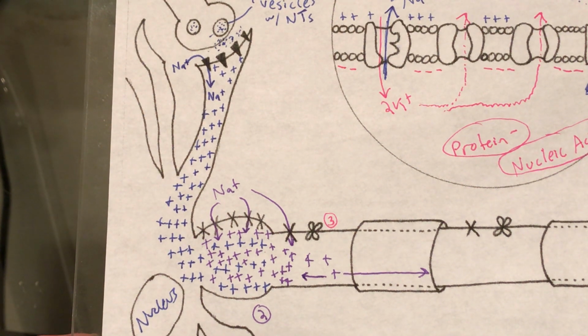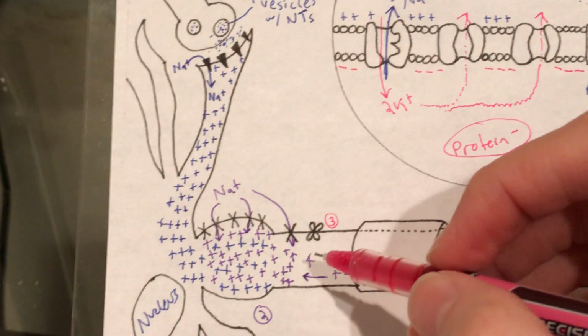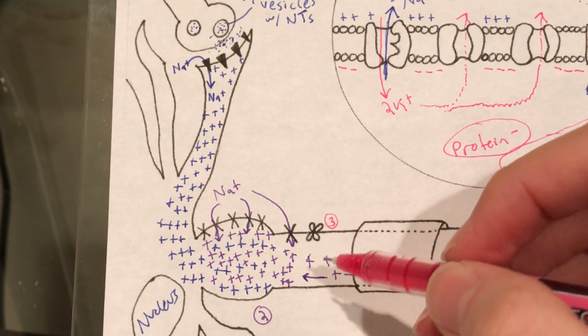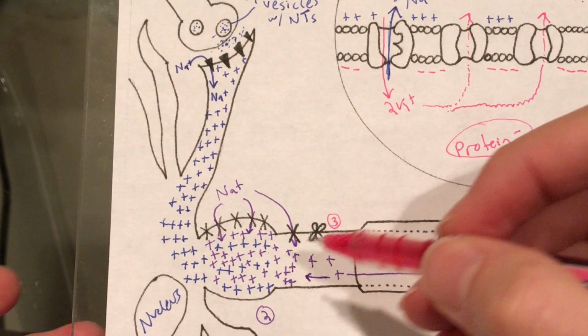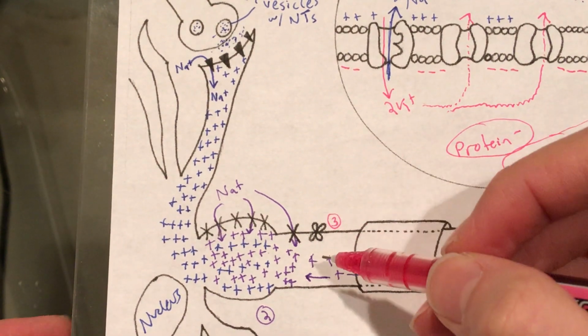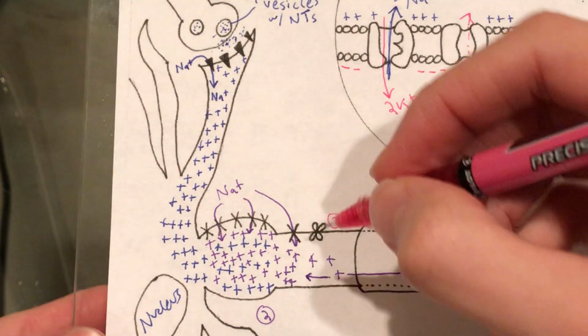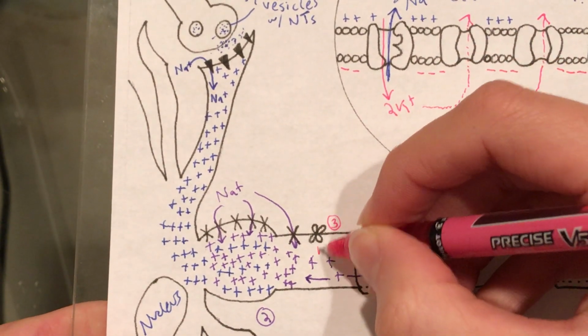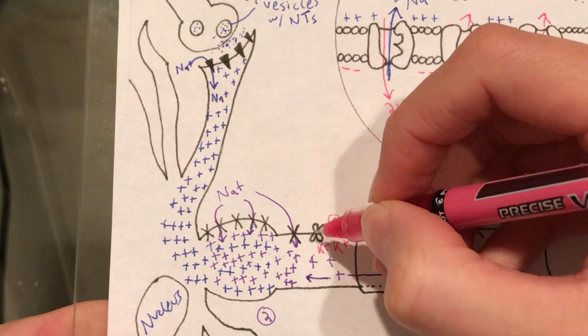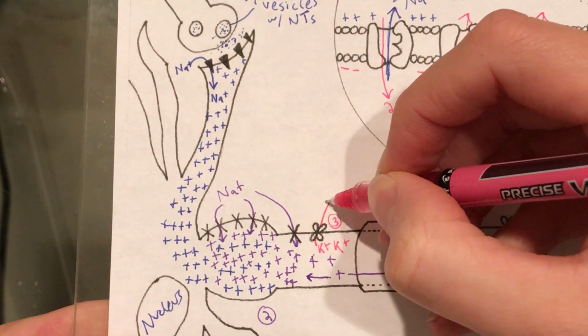I would have to look up the exact number, but something around there, I believe, plus 30 millivolts. So when the inside of the cell actually gets positive enough that it is officially positively charged because there's so many positive ions in there, it is going to open this up, and this is going to allow potassium ions that are inside of the cell to leave.